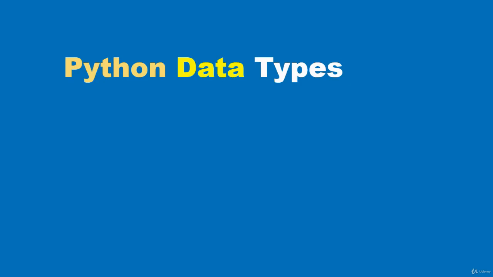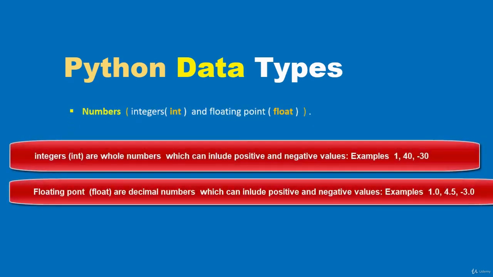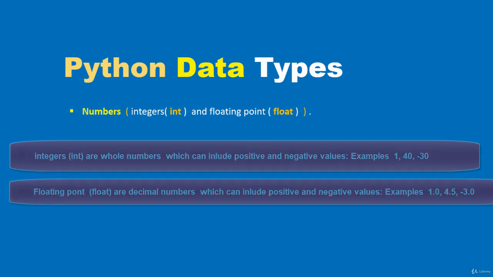There are three basic data types in Python. We have the numbers data type, which includes integers, known as int, and floating point numbers, known as float. An integer is a whole number, and a floating point number is a number that includes decimals.